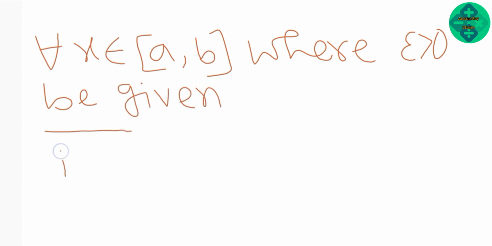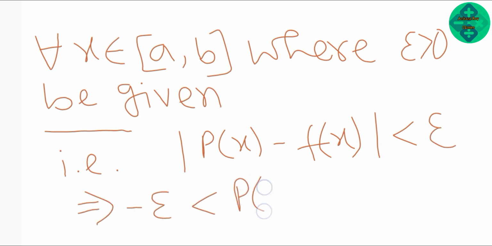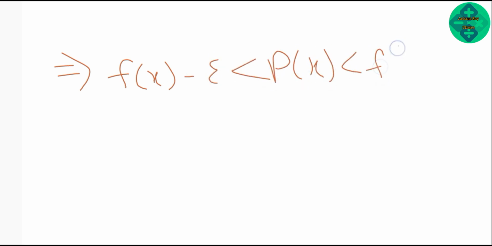That is, modulus of f(x) minus p(x) less than epsilon, that is, p(x) minus f(x) less than epsilon. This implies minus epsilon less than p(x) minus f(x) less than plus epsilon. Implies f(x) minus epsilon less than p(x) less than f(x) plus epsilon.